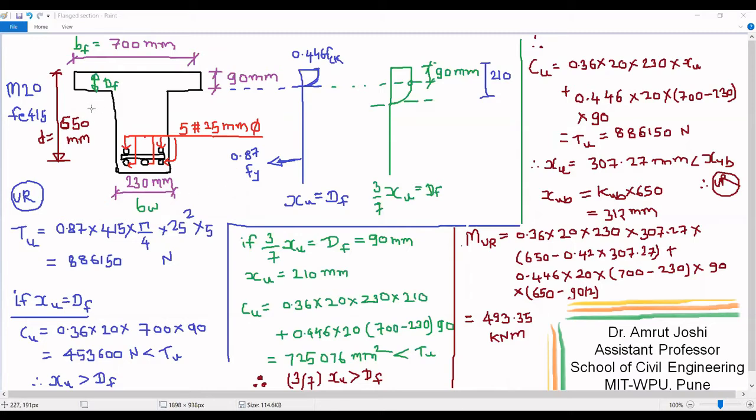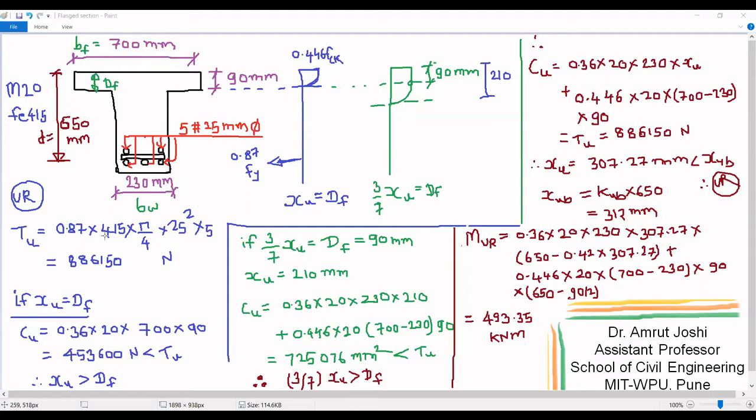The first step that we do is we assume that the section is under reinforced. If the section is under reinforced, at failure, steel on the tension side is going to have the stress of 0.87 Fy. Therefore, Tu will be equal to 0.87 into Fy into pi by 4 into 25 square into 5, which is the area of 5 bars of 25 mm phi.